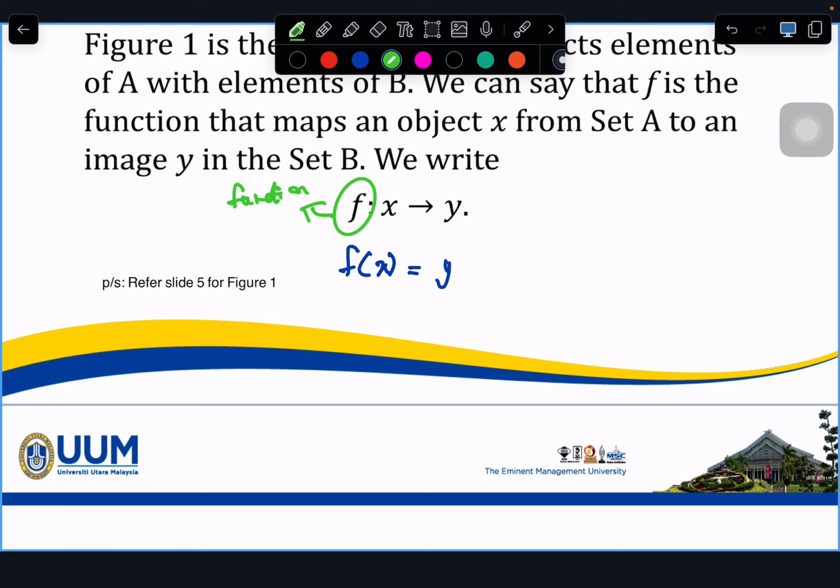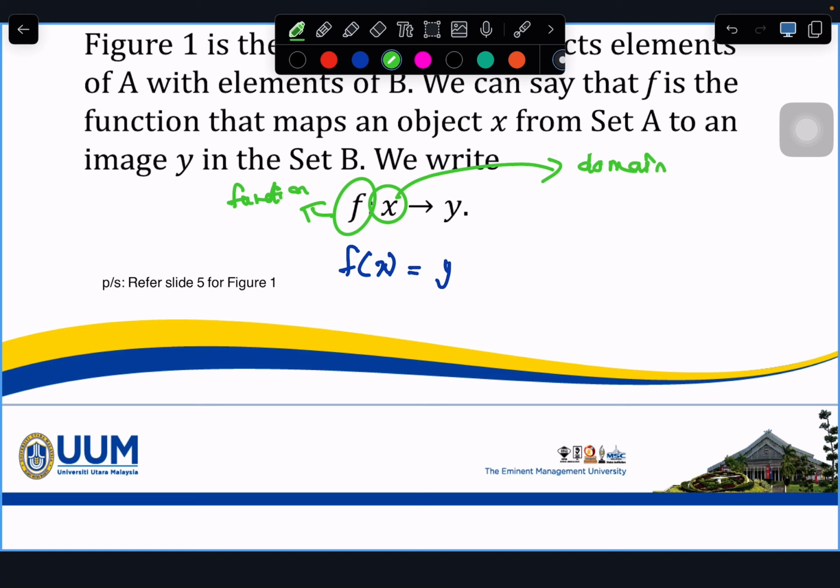Okay. And what is x here? Object, correct? We don't use object anymore. Domain. Okay, so x is your domain.